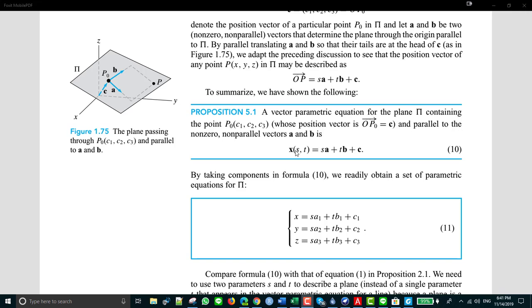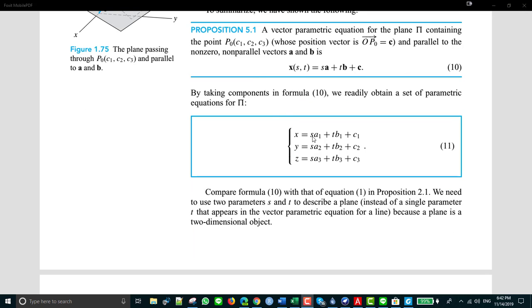Then, taking components, on the left-hand side we're going to have a point X, so it's going to have coordinates X, Y, Z, and then it's going to be Xi plus Yj plus Zk, just as before. And on this side, all this could be written in terms of i, j, and k, and then when we equate everything, we get these three equations.